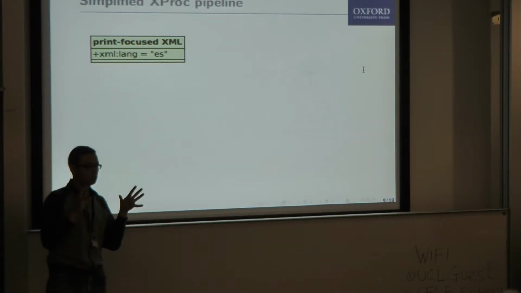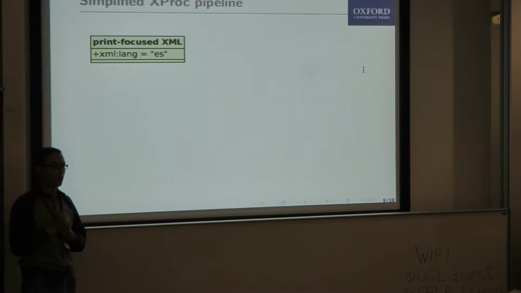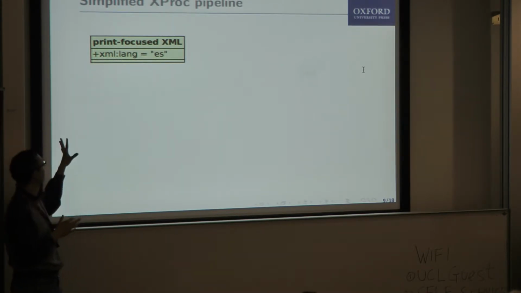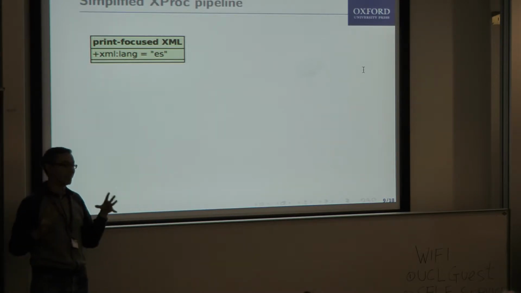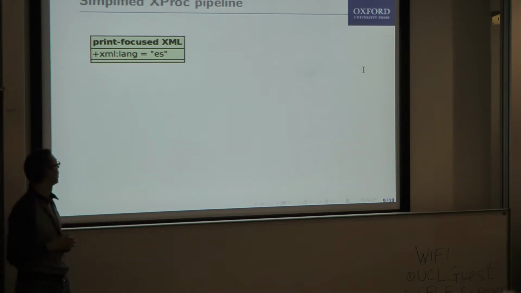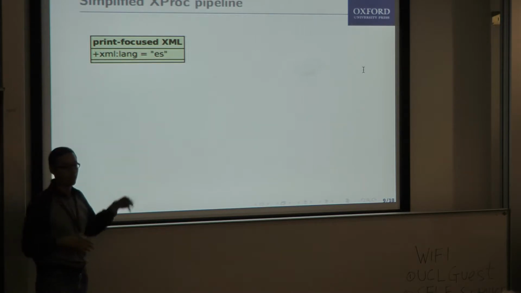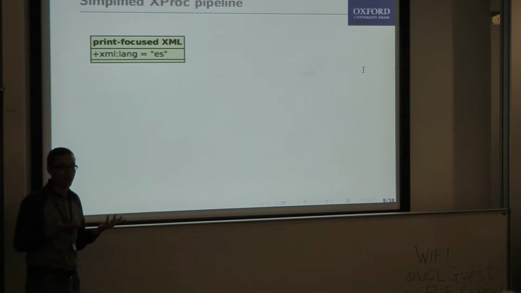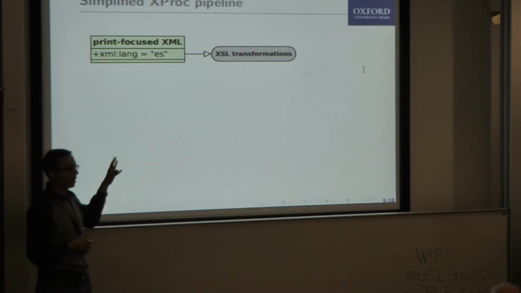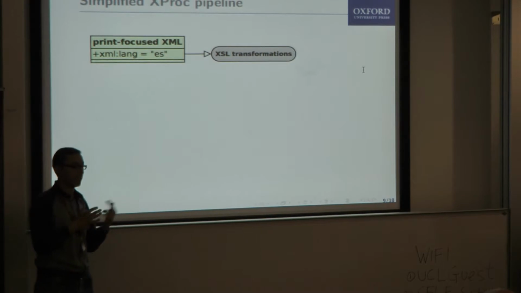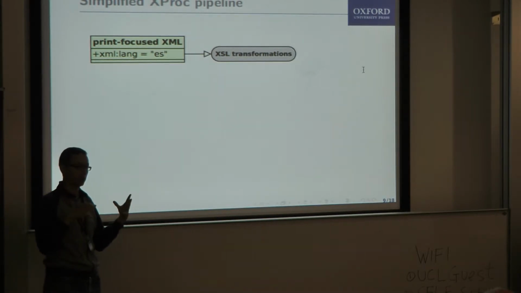I'm going to give you a short overview of the XProc pipeline. This is just an example of a simplified XProc pipeline, to show you the different steps where they occur in our workflow. We started with our legacy data, a print-oriented XML. This is an example for the Spanish monolingual dictionary. Then we apply a bunch of XSLT, which do all different sorts of things.